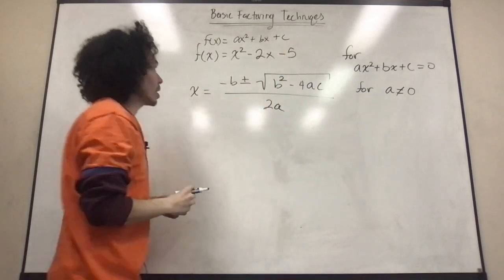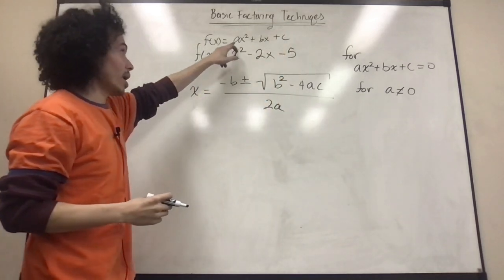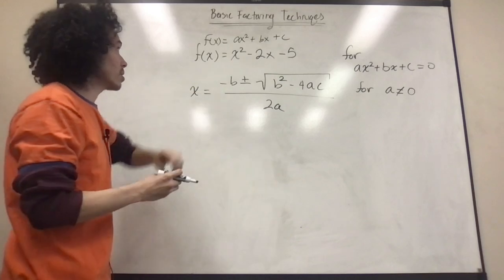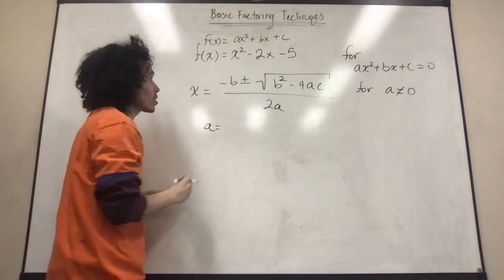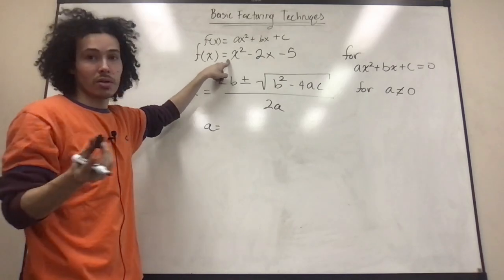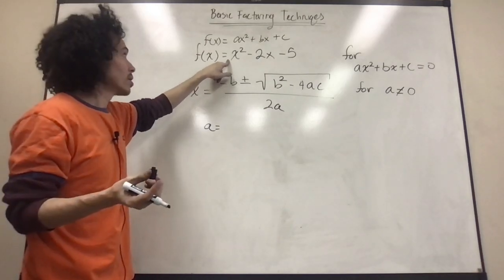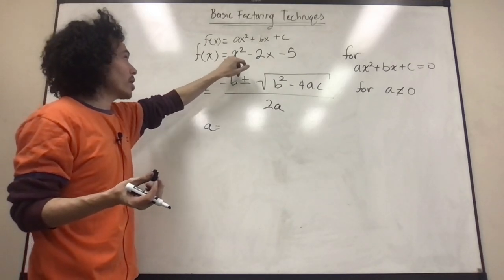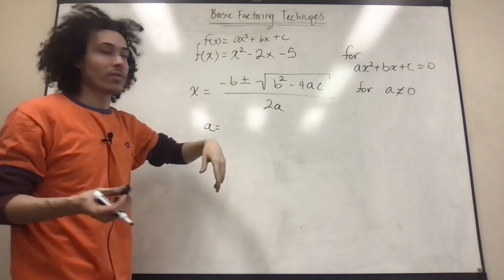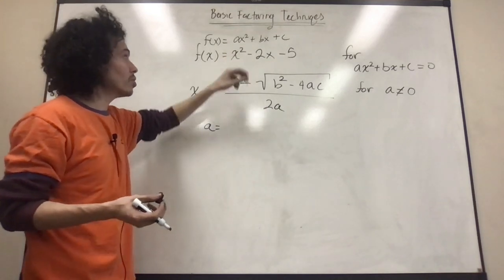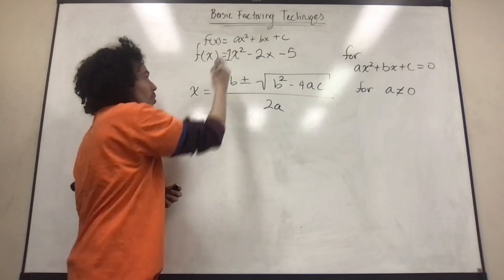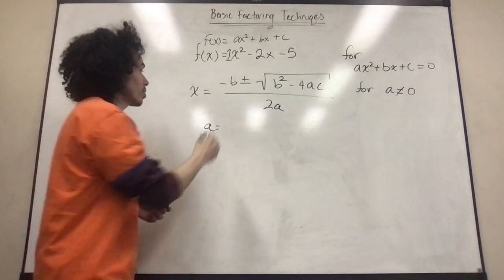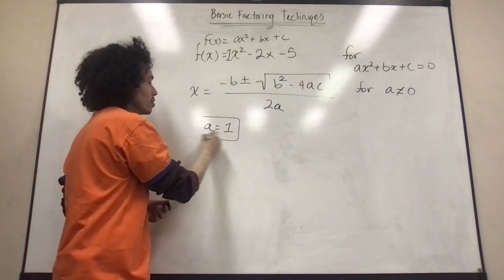We know that our a for this function would be 1. You know why it's a 1, right? Because when you have a variable by itself, or squared or cubed, it's implied that in front of it there's a 1. So your a is going to be a 1.